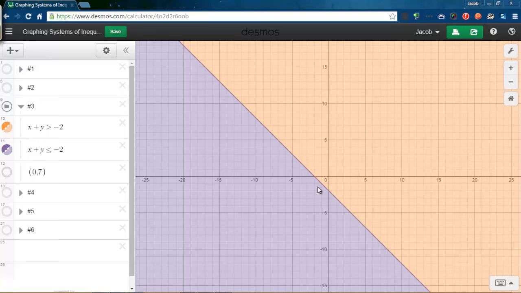And now you'll notice the shading goes below on one and above on the other. However, there is no overlapping area of shading, so this solution is no solution, because there is no place where both the orange and the purple overlap. Even the line itself is only true in one of the solutions, not both.